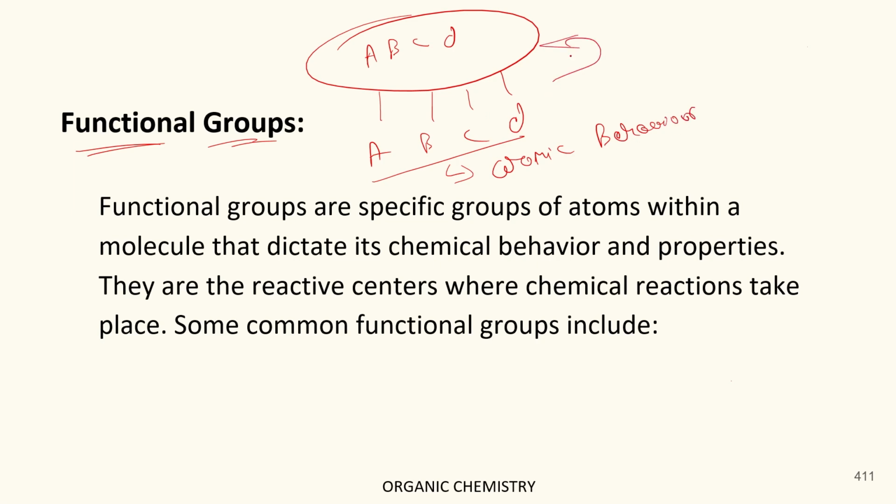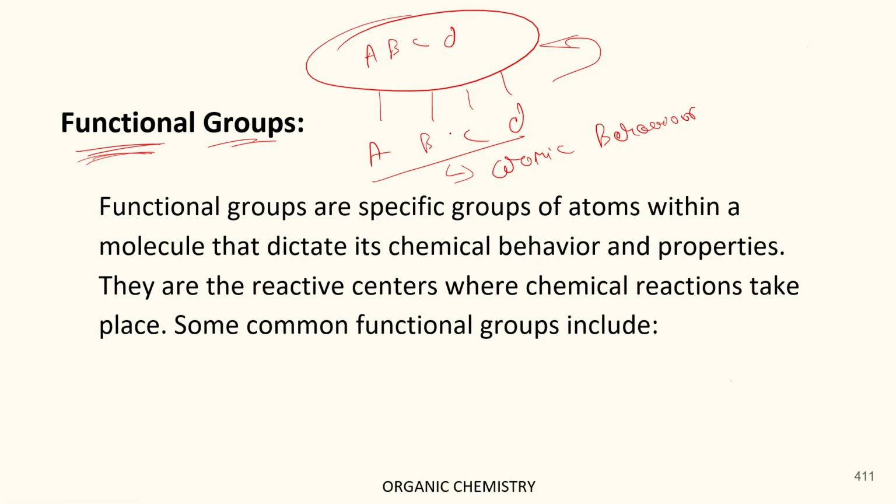The behavior of these atoms will define the behavior of this molecule. So you can say it is a specific group of atoms within a molecule that dictates its chemical behavior and properties. Got it? That's why these are the functional groups.